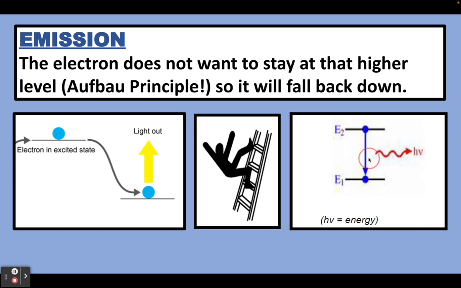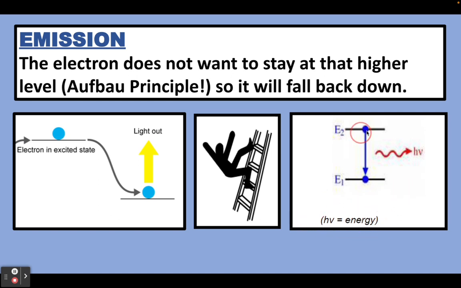And then it comes back down, and when it does, it releases a photon of light. Remember, particles of light are called photons, and they have wavelengths. The energy of the light we can figure out by multiplying Planck's constant times the frequency of the light, which is the inverse of the wavelength. Here's the equation down here.